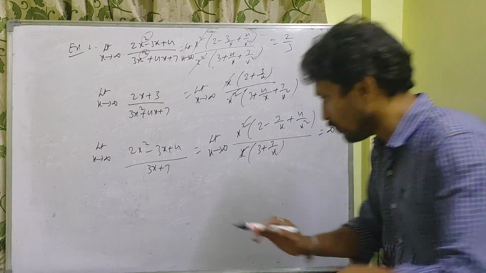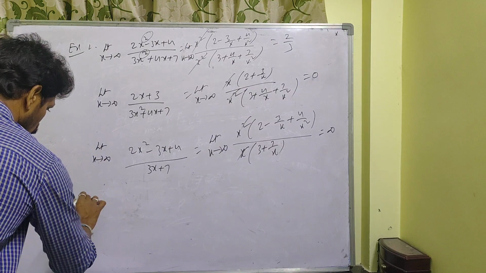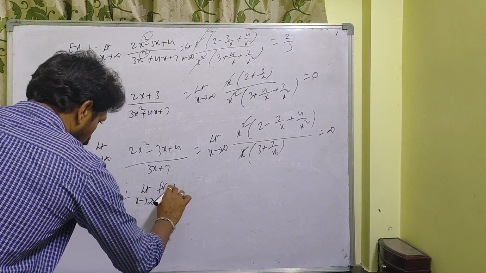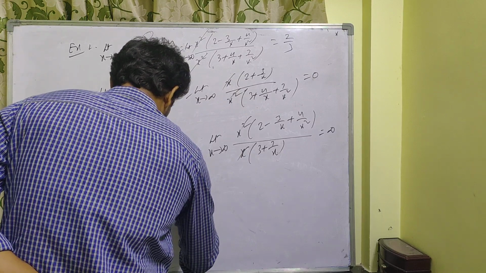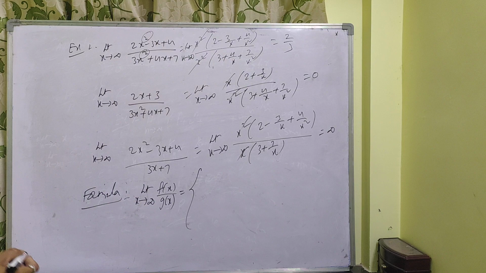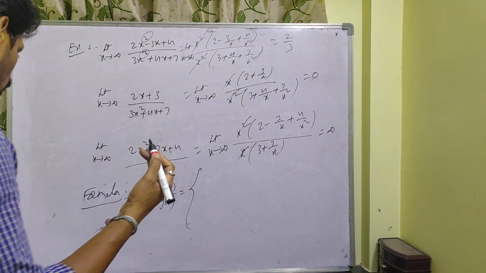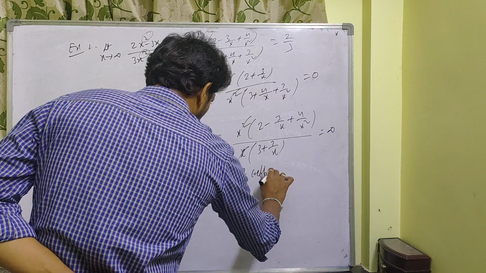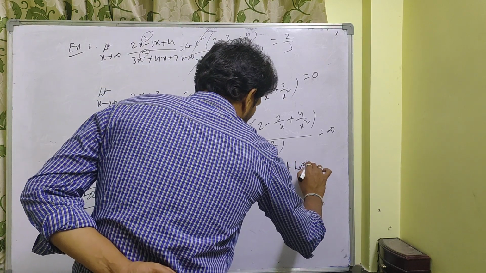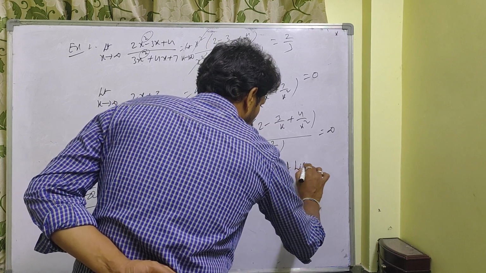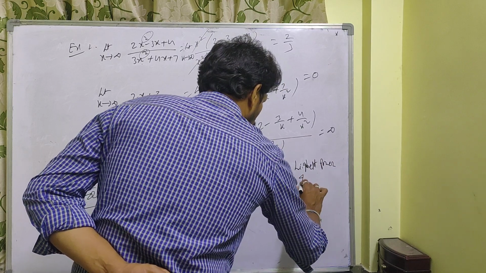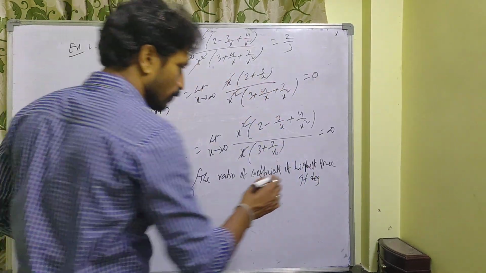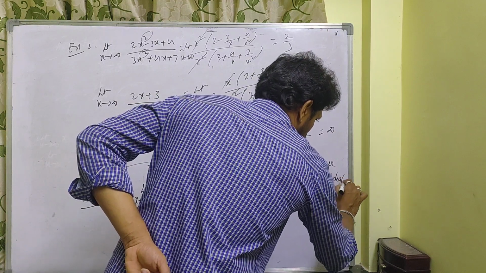So what can you conclude here? Whenever limit x tends to infinity, f of x by g of x is equal to the ratio of the coefficients of highest powers, if the degree of numerator f of x is equal to the degree of g of x.